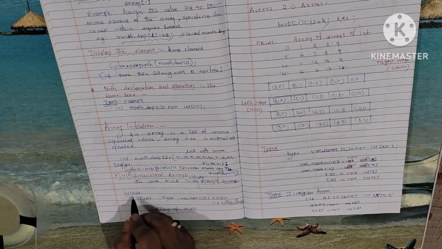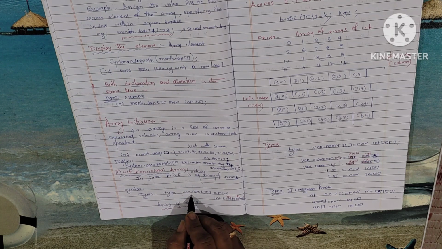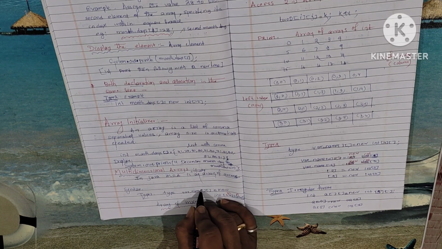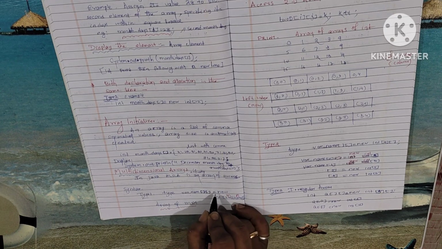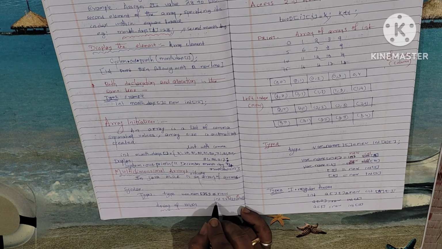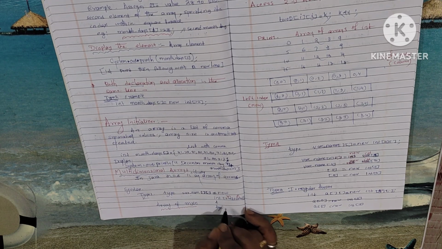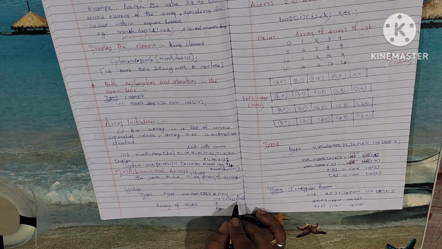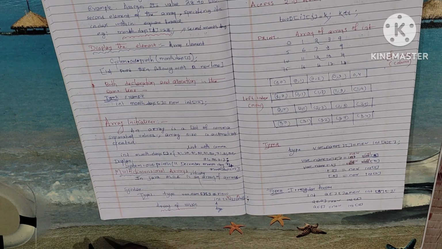Now let us discuss the syntax here. Type array name is a 2D array, so two blank square brackets, equal sign new, here your type, and size 1, size 2 within the square brackets, and put the semicolon on that.